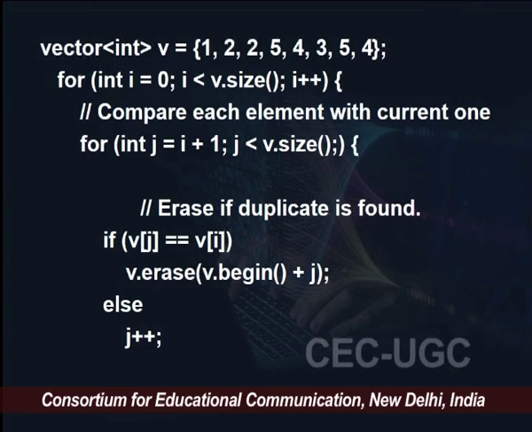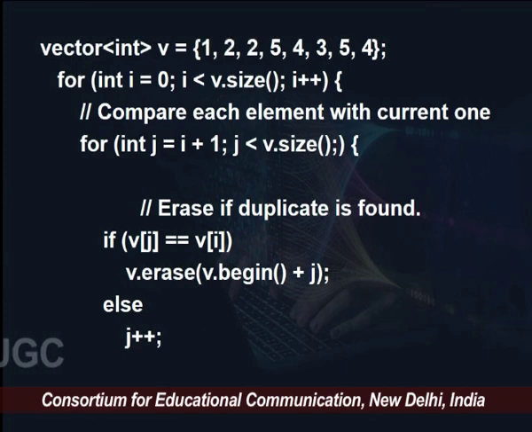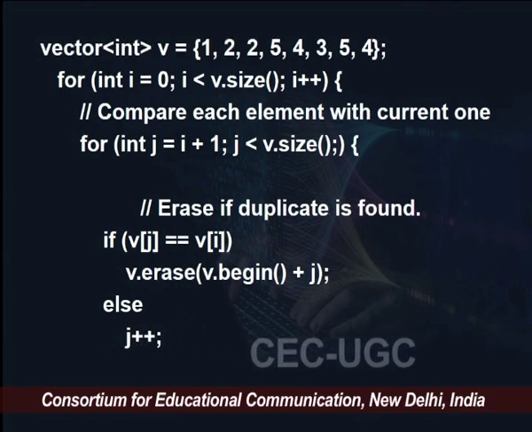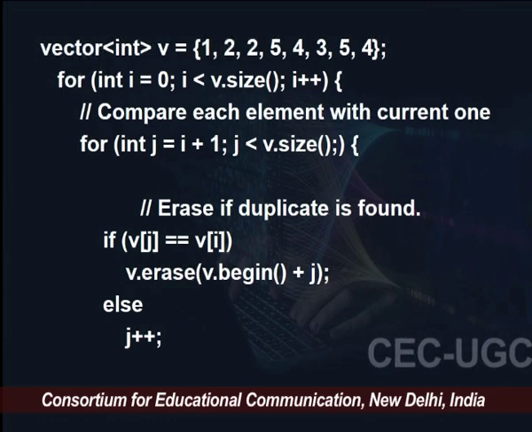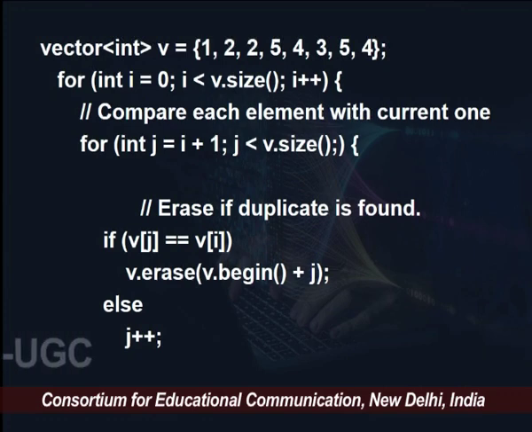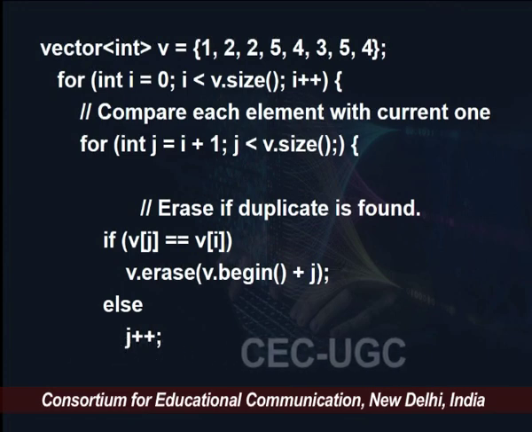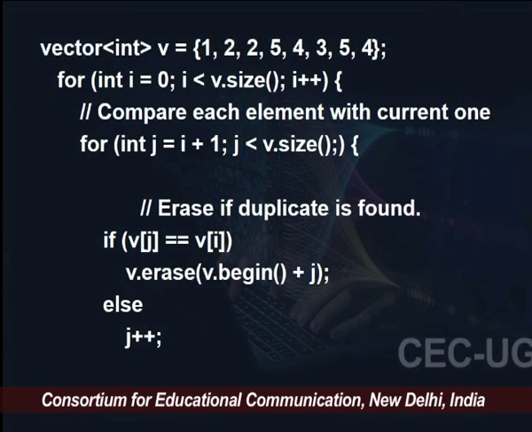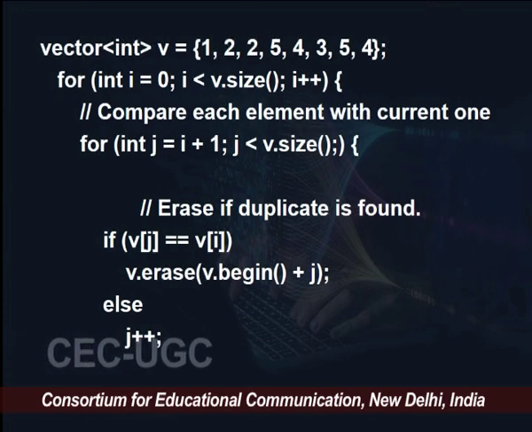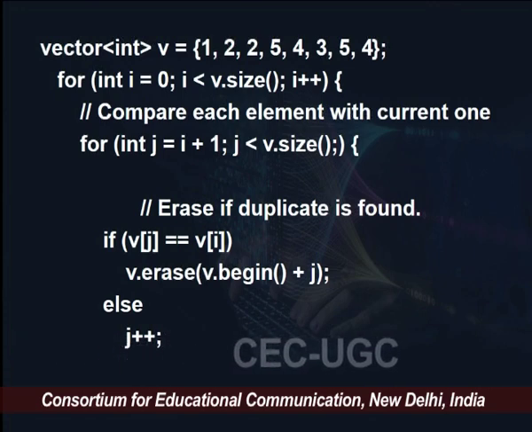And in the earlier lecture we saw one more, which was with the help of the sort method followed by unique and then followed by vector.erase. Apart from these two methods, one more method is there, which is by using an unordered set. But using an unordered set requires some understanding of reference variables or pointers, more specifically.